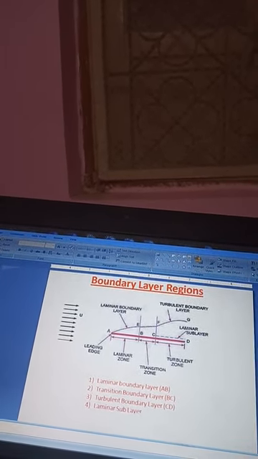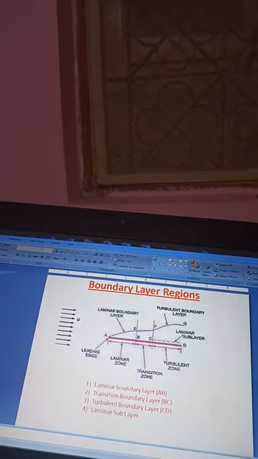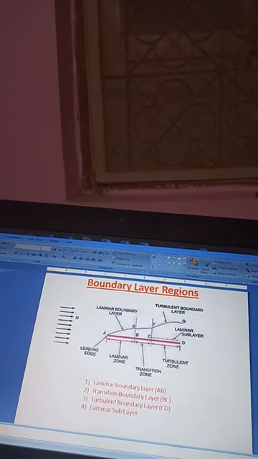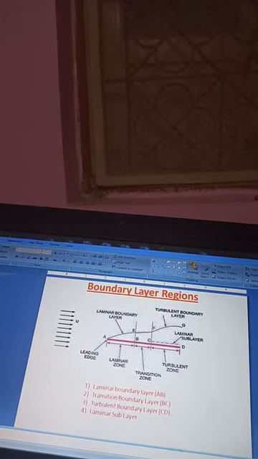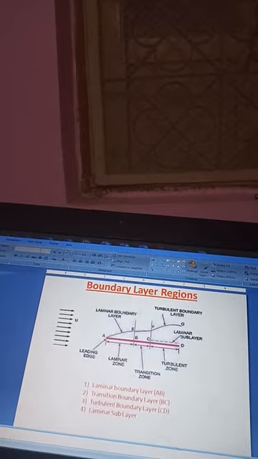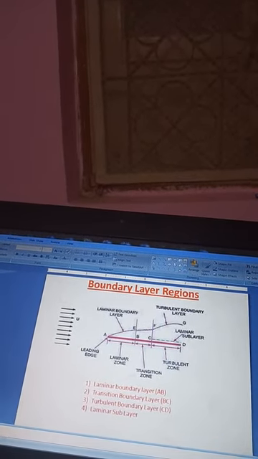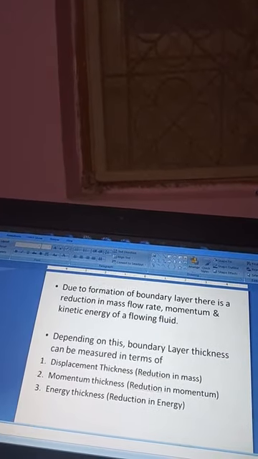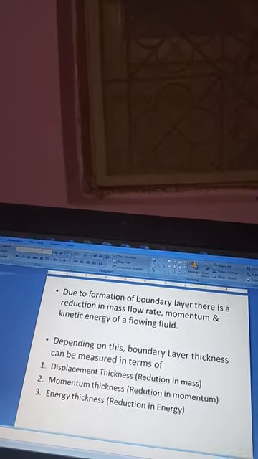So this variation of velocity gives you the reduction in the mass flow rate, and that difference between the actual mass and the maximum mass which could have been obtained without boundary layer is known as the displacement thickness.